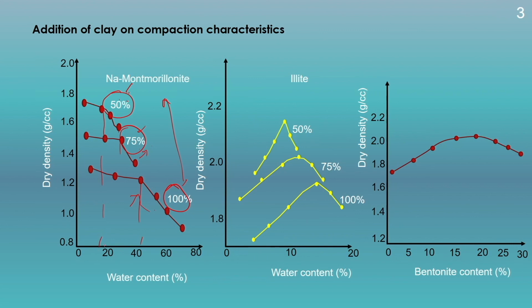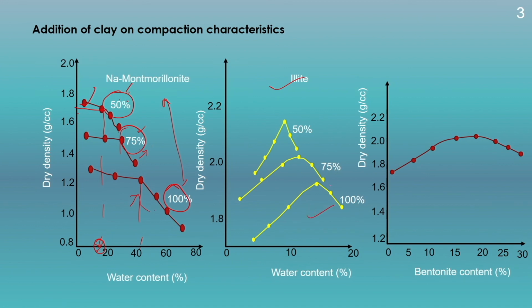So, here we can see that 50% montmorillonite in the soil will have a lower value of optimum moisture content in comparison to the mixtures containing 75% and 100% of sodium montmorillonite. And similarly, if we compare the maximum dry density, the soil containing less montmorillonite will have a higher value of dry density.